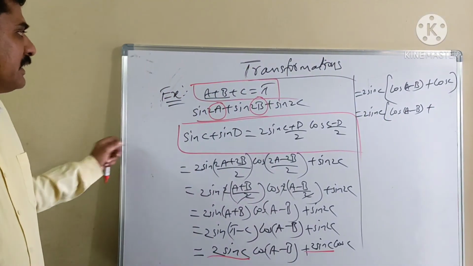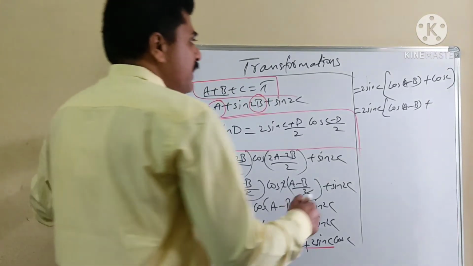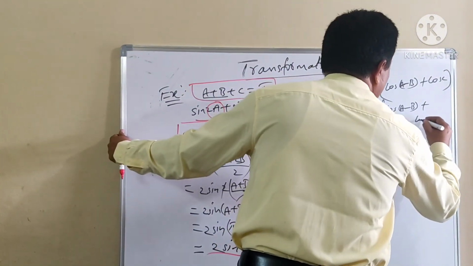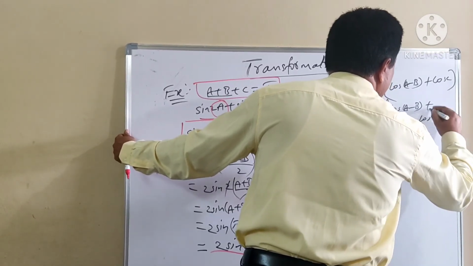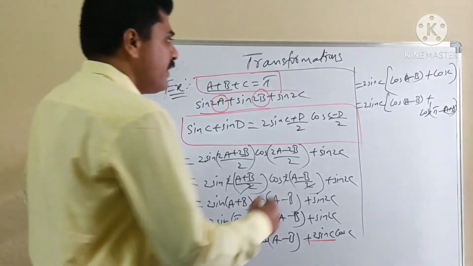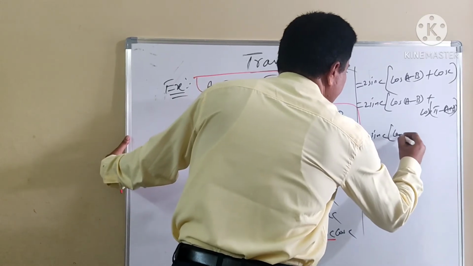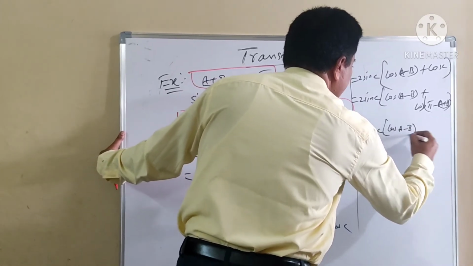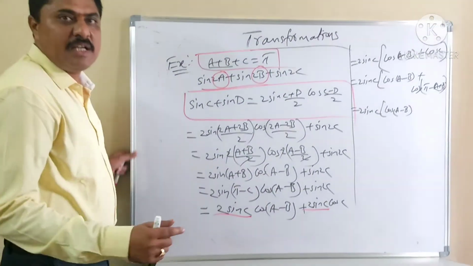Again, angle C I am changing. C can be written as 180 minus of A plus B. So cos C can be written as cos pi minus of A plus B. Again this can be written as 2 sin C into cos A minus B plus cos 180 minus theta, where A plus B is theta, students.